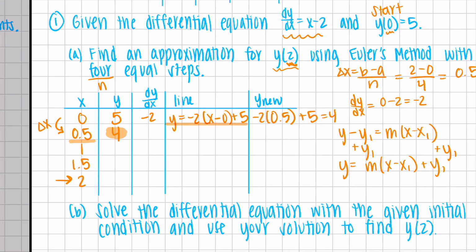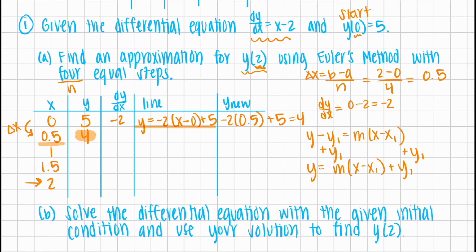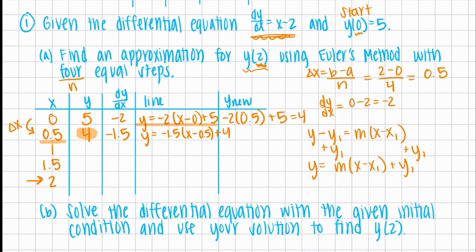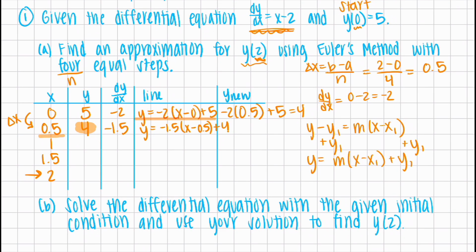So now figure out your dy/dx. It's going to be 0.5 minus 2, because dy/dx is x minus 2. 0.5 minus 2 is negative 1.5. Write your equation of your line: negative 1.5 times x minus 0.5, plus 4. Plug in your next x value. That's going to be 1.